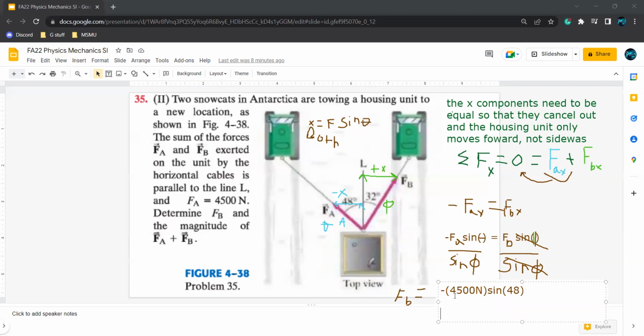I'll leave space. Divided by sine of 32 degrees. That will equal.